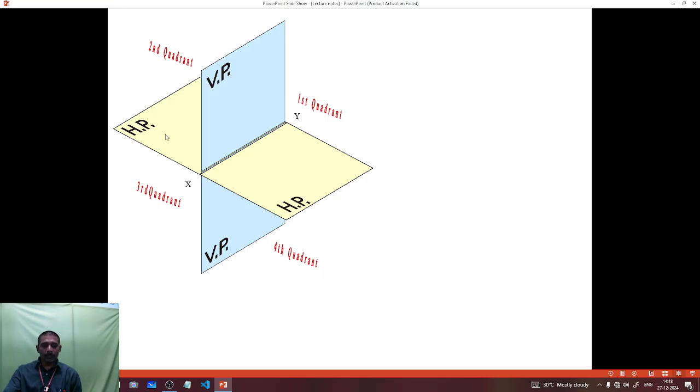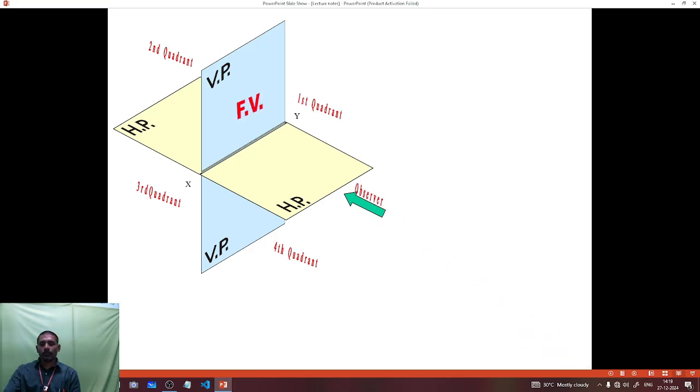Below the HP and behind the VP is the third quadrant. And below the HP and in front of the VP is the fourth quadrant.